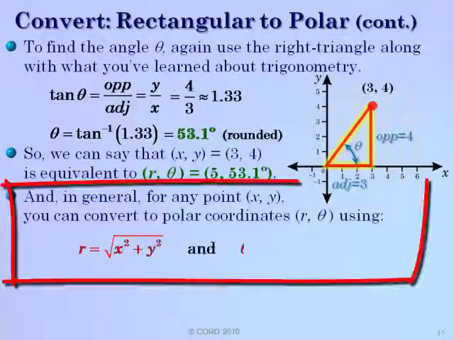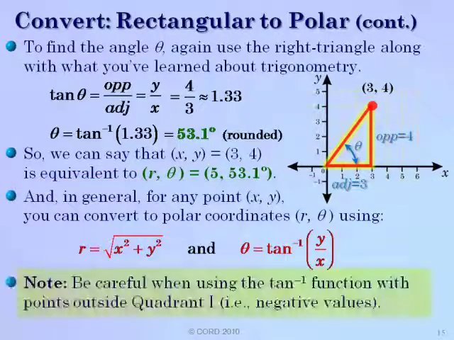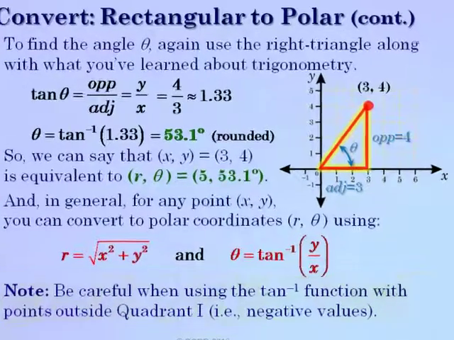In general then, for any xy, we can convert to polar coordinates by using r is equal to the square root of x squared plus y squared, and theta is equal to the inverse tangent of y divided by x. We have to caution you to be careful using that inverse tangent function outside of points that lie in quadrant 1.